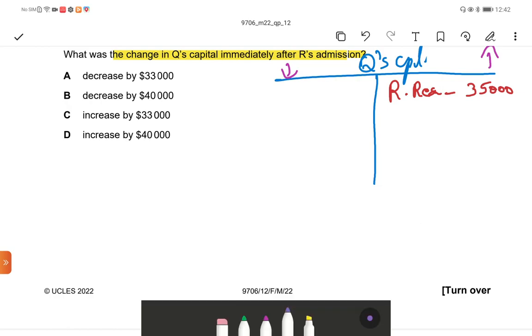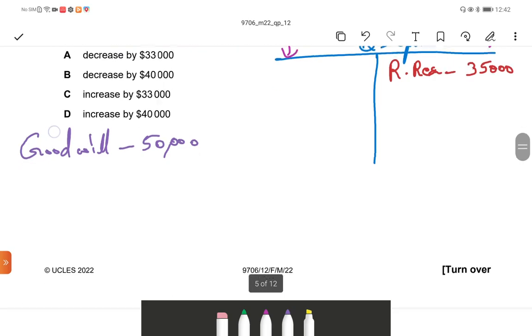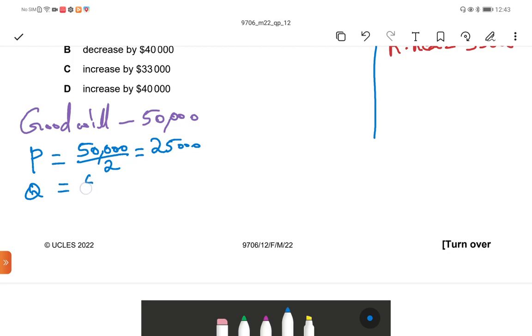Goodwill before was 50,000. Old partners are P and Q. P's share: 50,000 divided by 2, 25,000. Q: 50,000 divided by 2, 25,000.